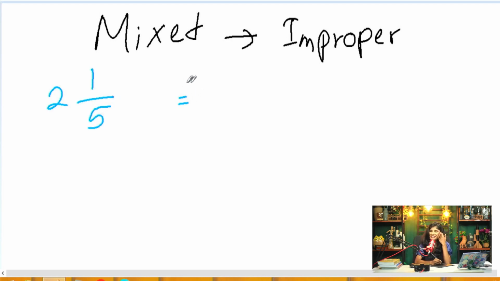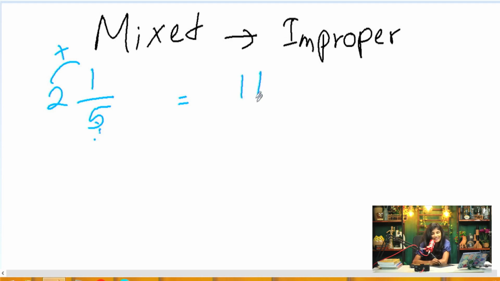What we have to do is multiply the denominator and the whole number. That means 5 times 2. What is the answer? 10. And we have to add the numerator. Then 10 plus 1 is 11.